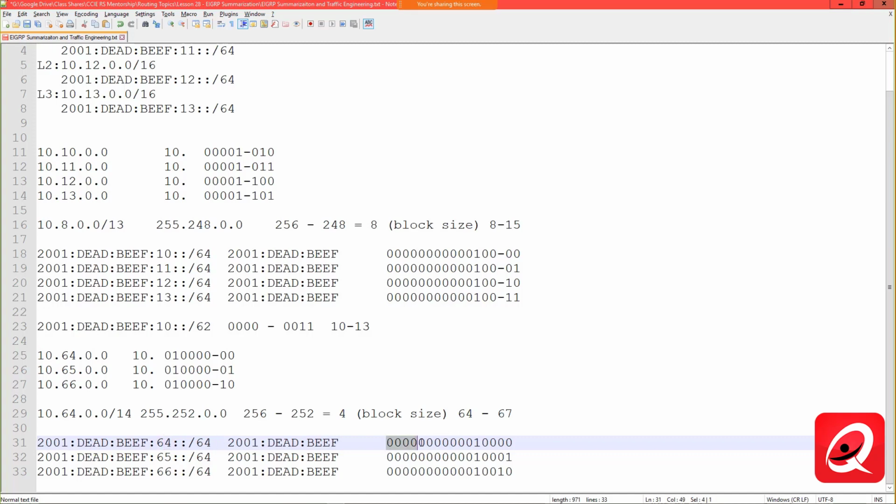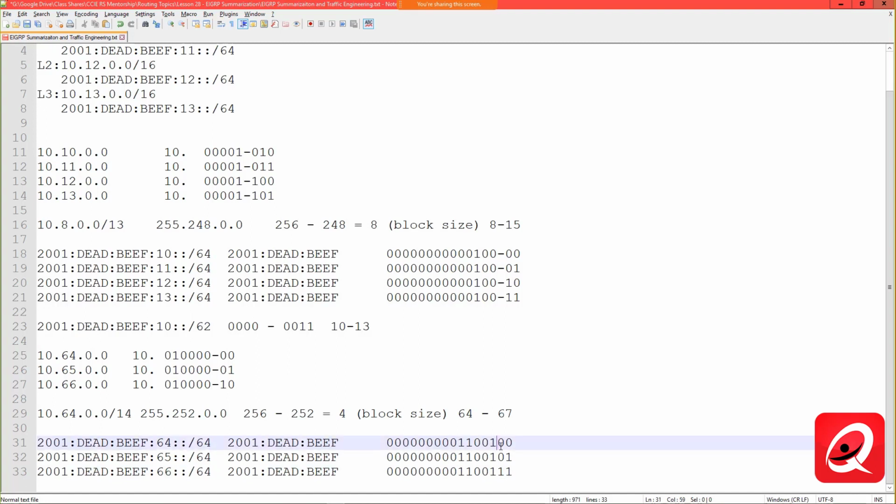So obviously 1, 2, 3, 4, 5, 6, 7, 8. Those bits are going to be off, and then we have our 6 and our 4. It's going to be there. So let's just copy this. All right, and 65 would just be another 1 there, and a 66 would be 2 1s there.